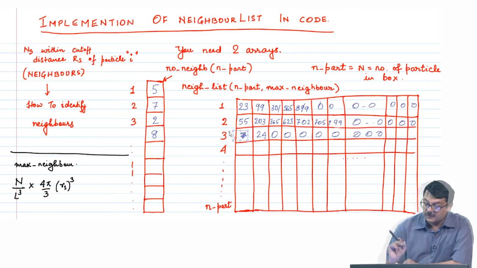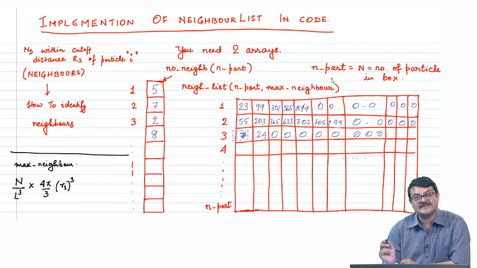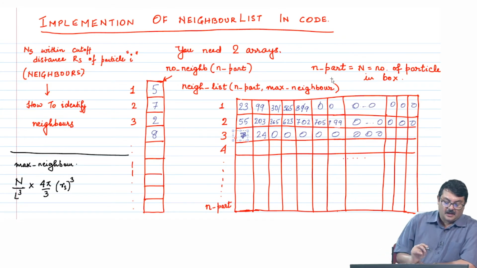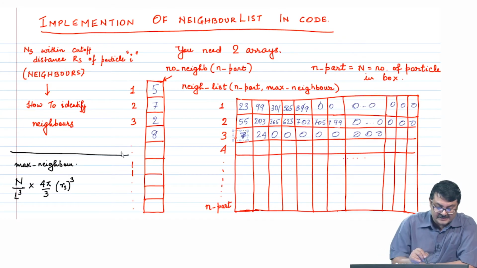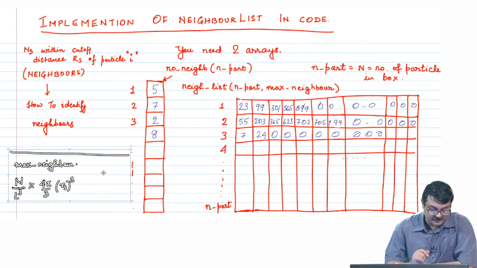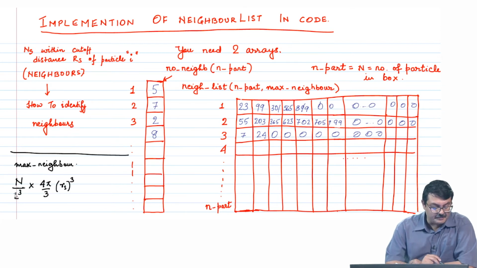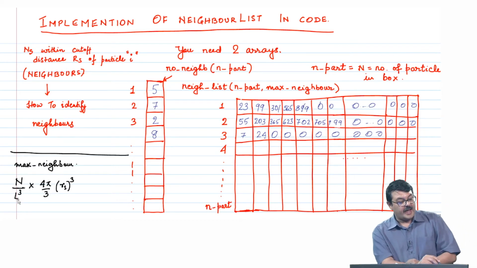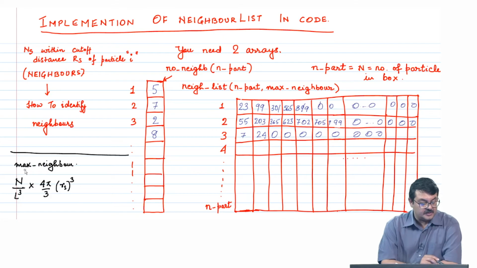Okay. So, that is the broad idea. Now, how do you estimate max neighbor? That is discussed here. Basically, N by L cube, N is the total number of particles in the box, and L cube is the volume of the box. So, N by L cube is essentially the number density. In a unit volume, how many particles do you have? That is what number density is.